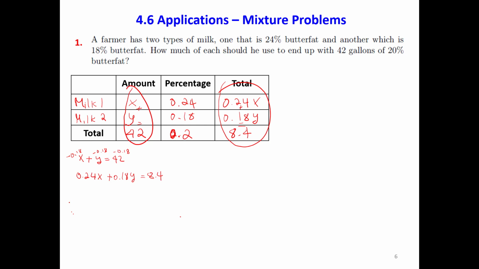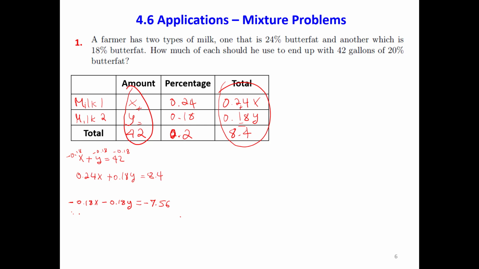Then we will have negative 0.18X minus 0.18Y equals negative 7.56. If we multiply 42 times negative 0.18, we get negative 7.56.